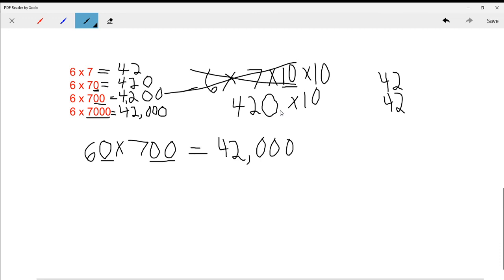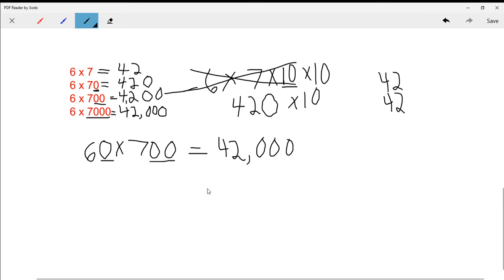That's how the math works out, right? So I don't really understand why they refuse to just teach this immediately. But yeah, that's how we do multiplication with numbers ending in 0.